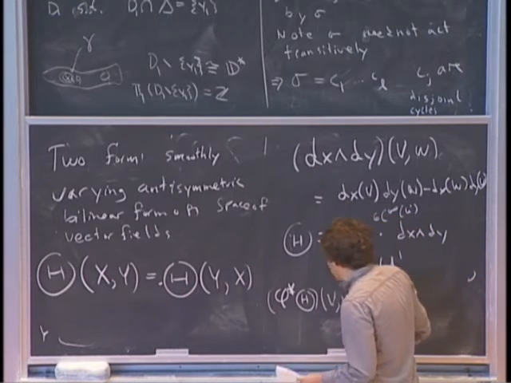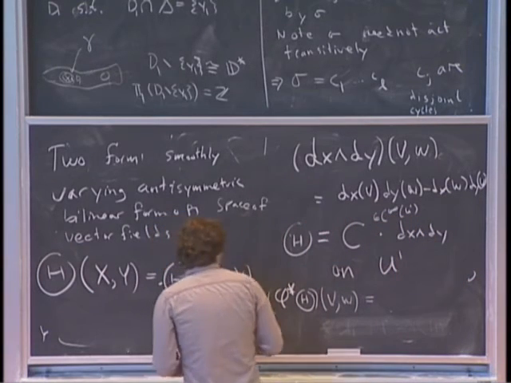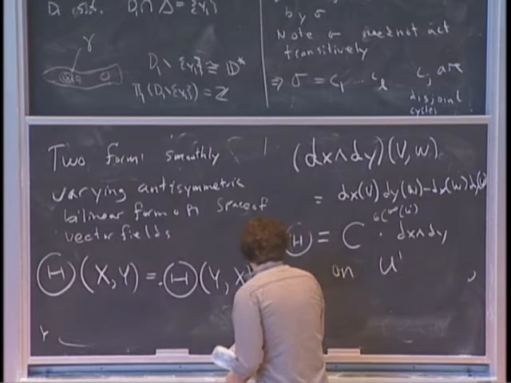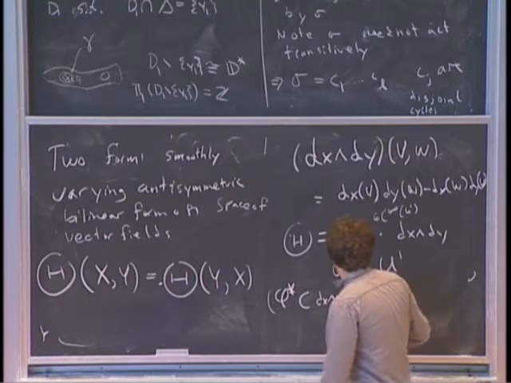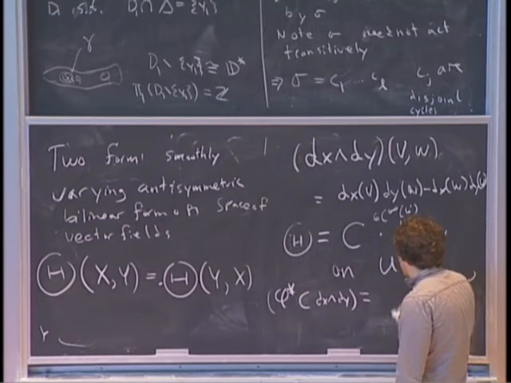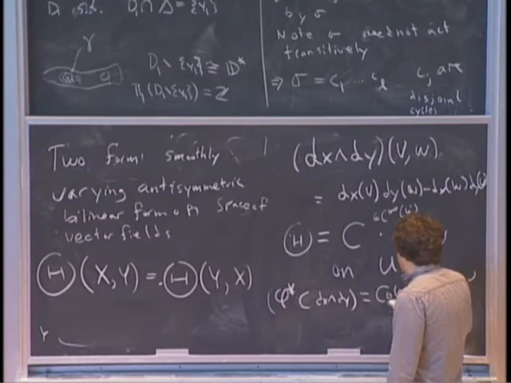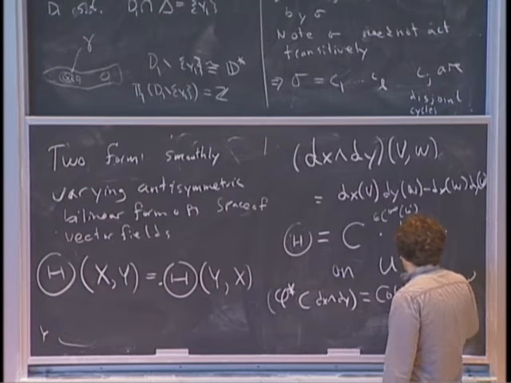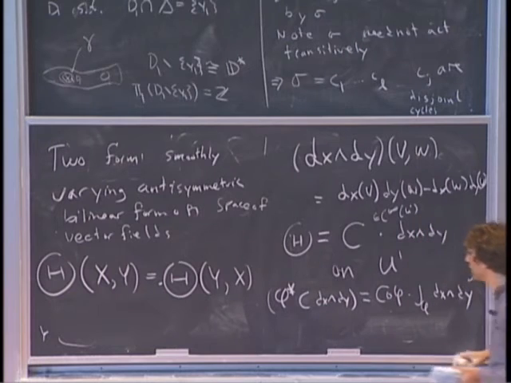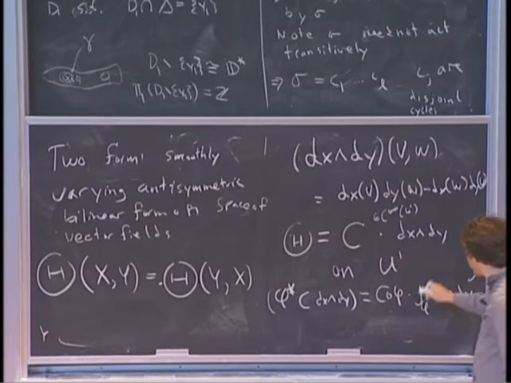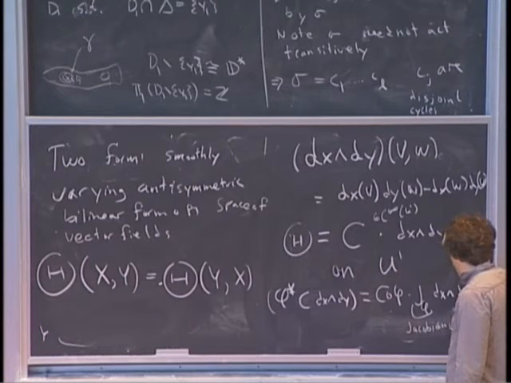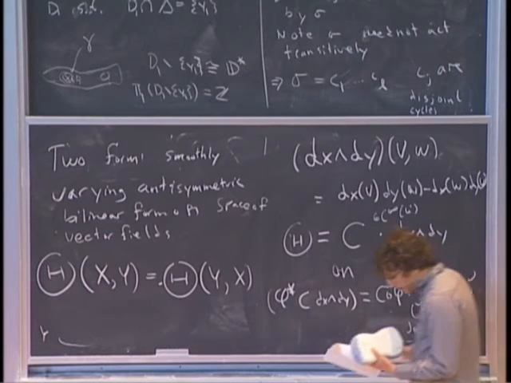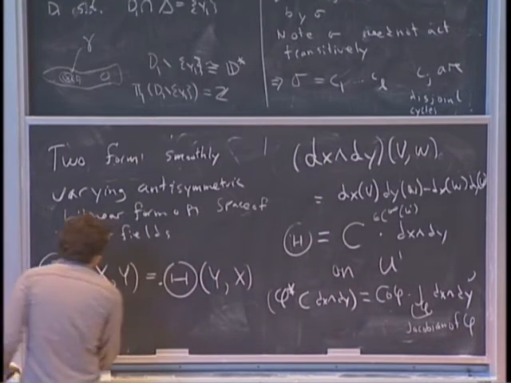So the pullback of c dx wedge dy is going to be equal to, by definition, c composed with phi times the Jacobian of phi, times dx wedge dy. This is a definition. So this is the Jacobian of phi.